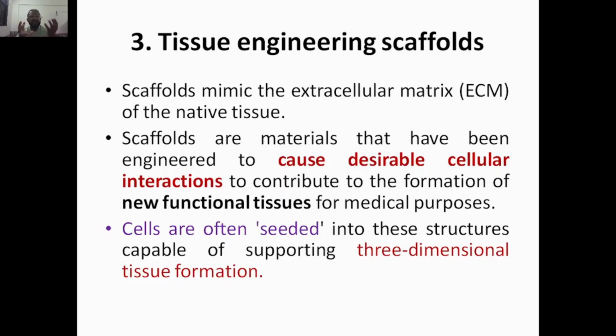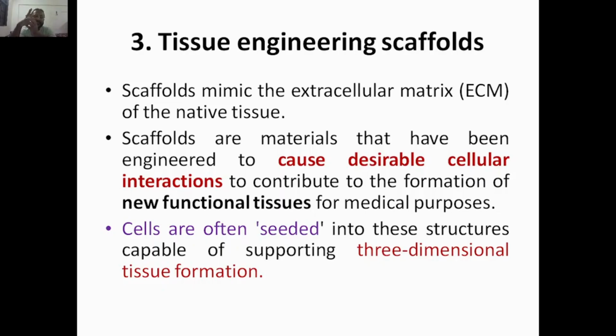Now with this scaffold, we have to seed the cells. That means whatever tissue we need to develop in that damaged area, those cells we need to take and implant or seed inside the extracellular matrix. Along with the cells, we will be adding growth factors, so that it will facilitate cell division, proliferation, and finally growth. Once the cell is seeded inside the scaffold, the cell will attach on the scaffold.